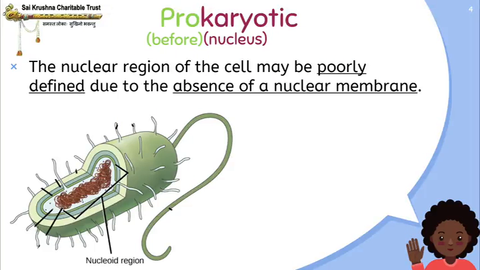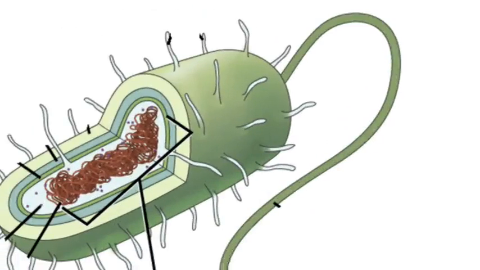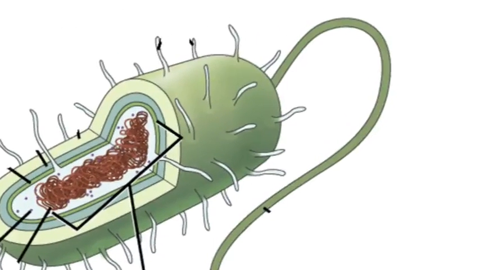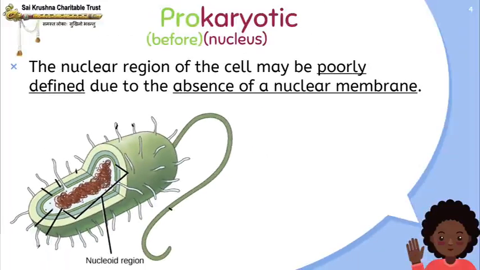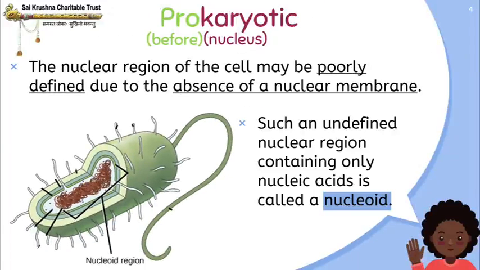See here, we can see the nuclear region. It is poorly defined because it is not bound by a nuclear membrane. It does not have an outer covering. Such an unidentified nuclear region containing only nucleic acids is called a nucleoid.